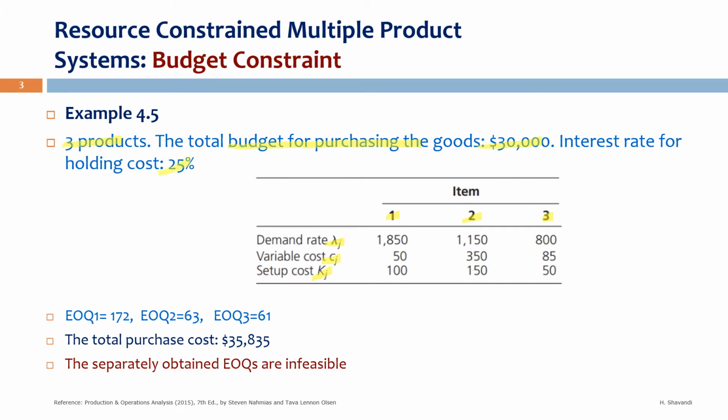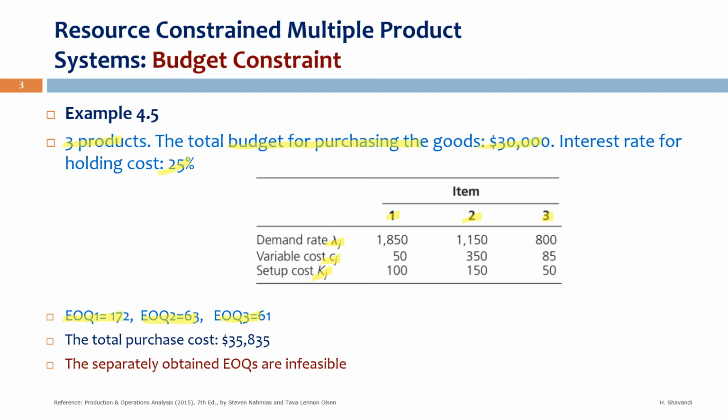Okay, so let's assume that the goods are independent. If we consider the individual case and obtain the EOQ for each item separately and individually from the others, then we will have these values for EOQ. Now we have the optimal order quantities.